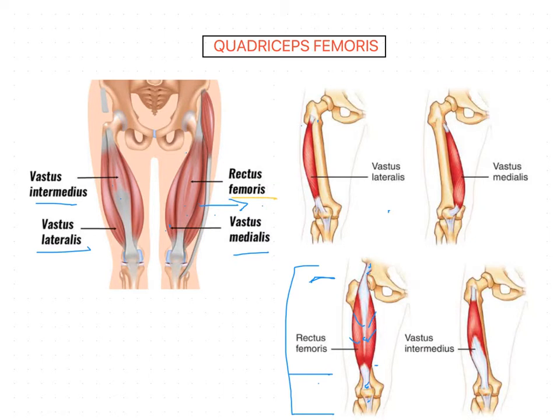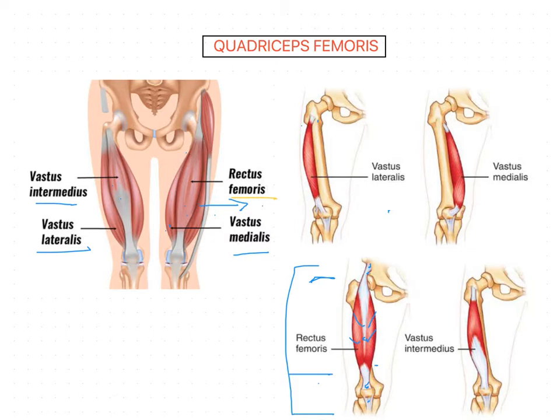You have to mention that out of all these origins, the main origin is from the greater trochanter, anterior and inferior borders, and the upper part of the intertrochanteric line. These two things you have to mention.